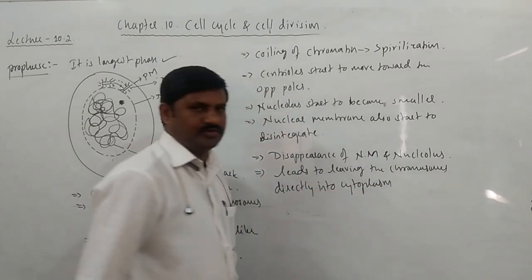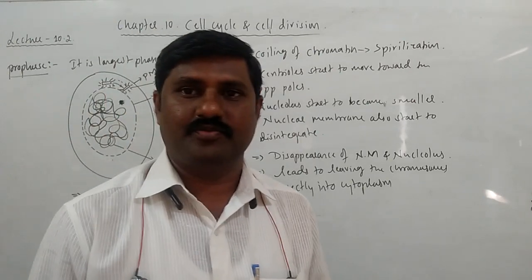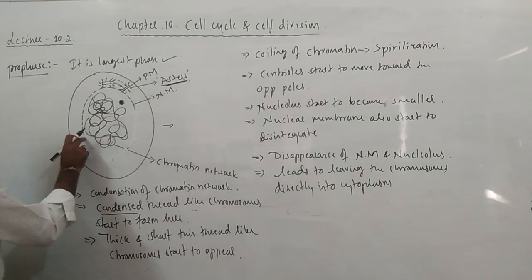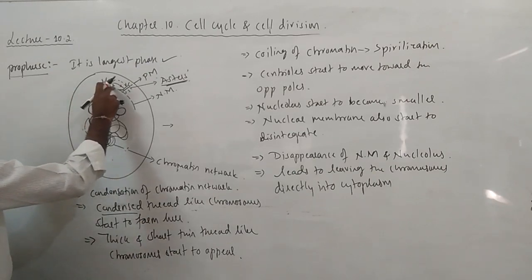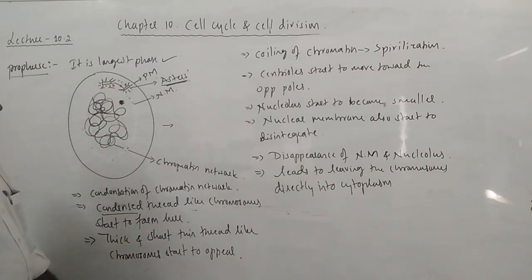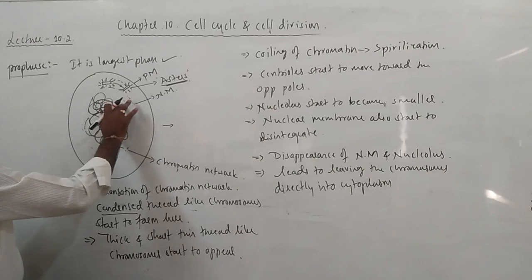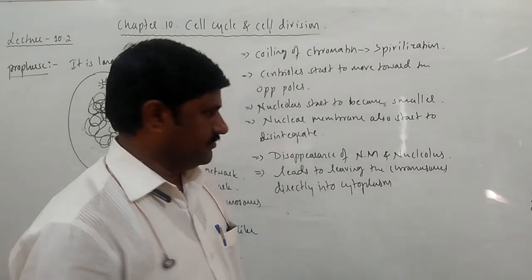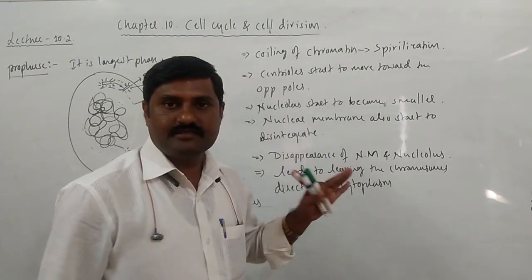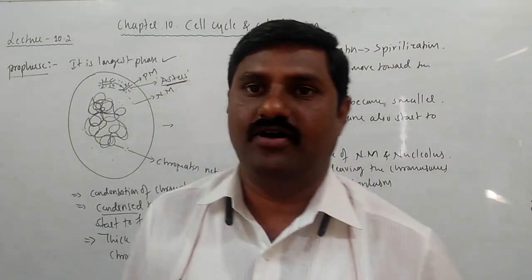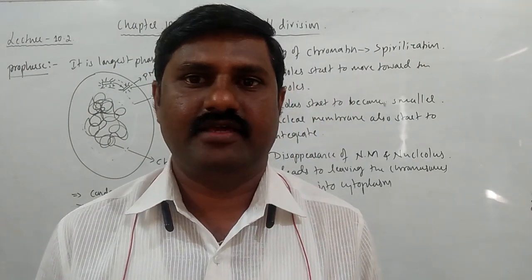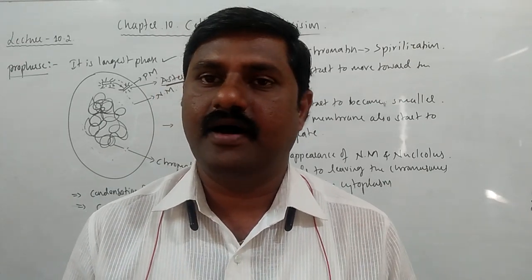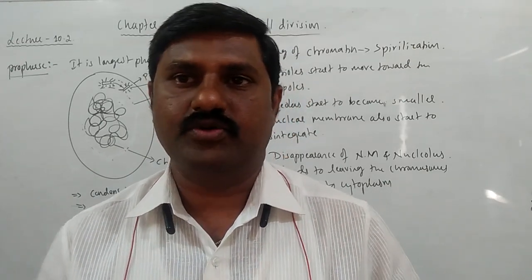See here, now the chromosomes came into the cytoplasm. Why? Because of the gradual, almost complete disappearance of both of these. Now where are the chromosomes? They are in the cytoplasm. So this is what happens in the case of prophase. In prophase, this is the activity that is done by the nucleus itself.